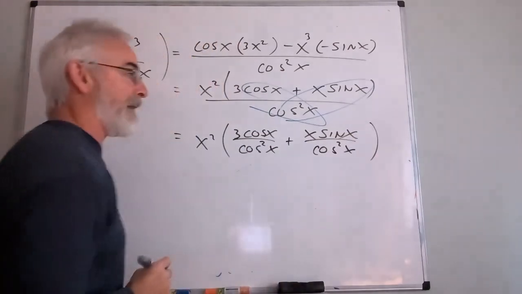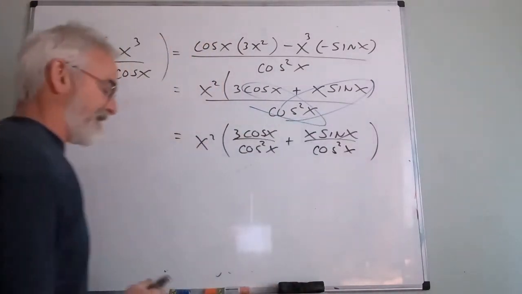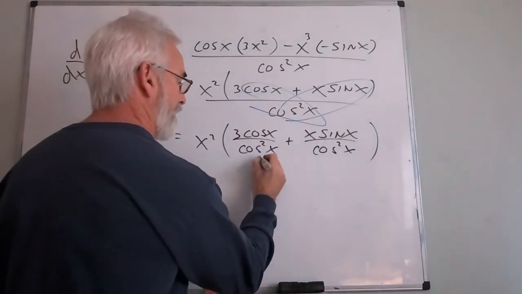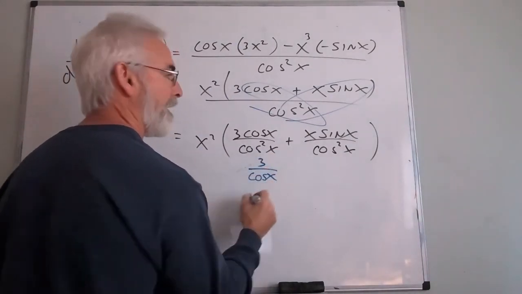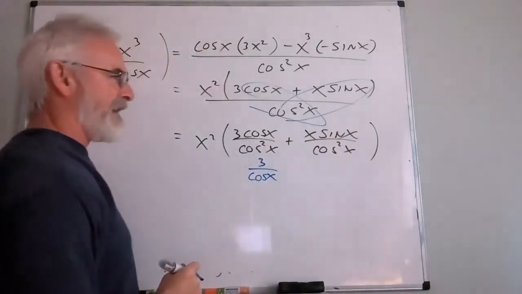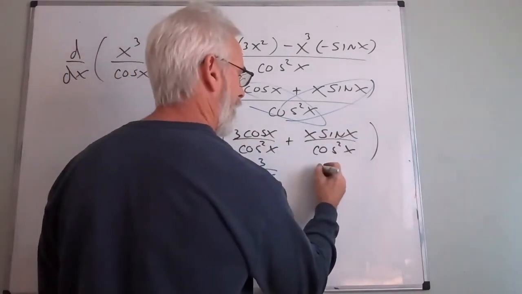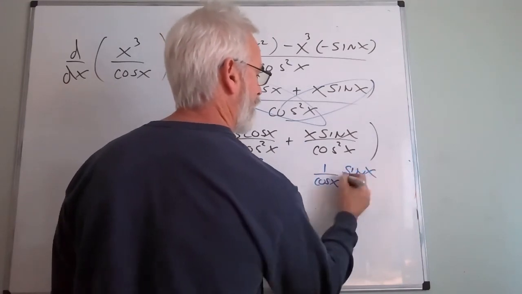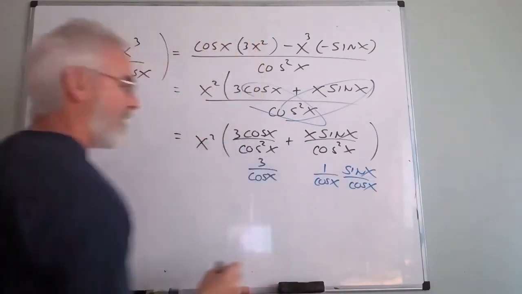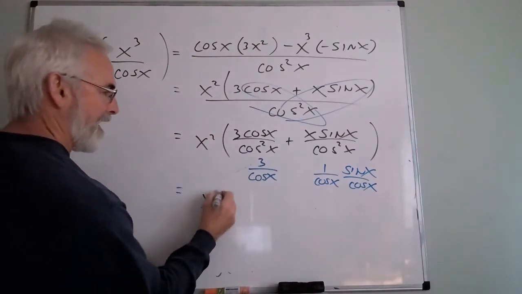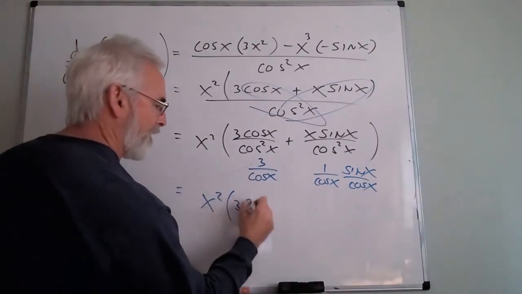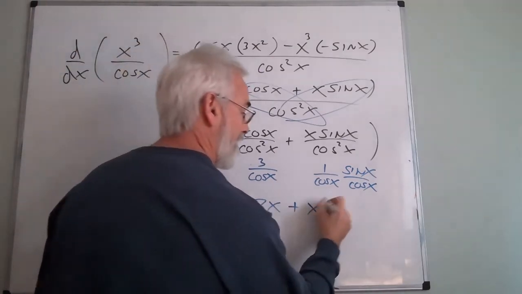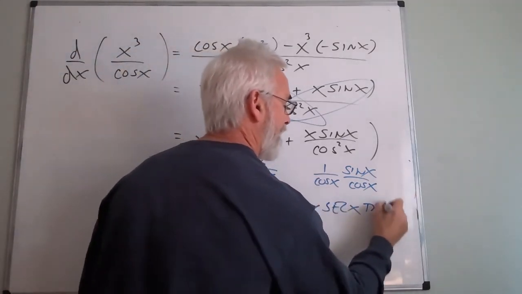This is absolutely correct. And now I can simplify these guys. Aha. So cos x over cos squared would just be 3 over cosine. Sine over cos squared would be 1 over cosine times sine over cosine. So now we are where? x squared times 3 secant x plus x secant x tan x.